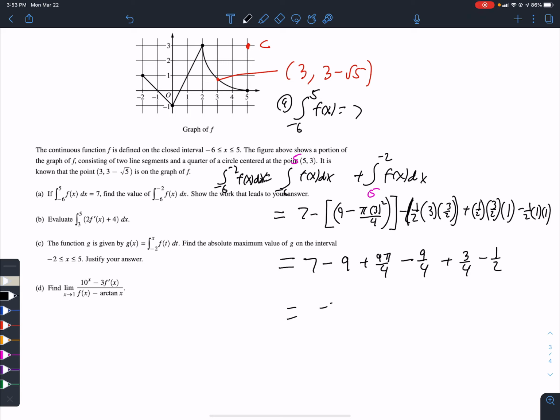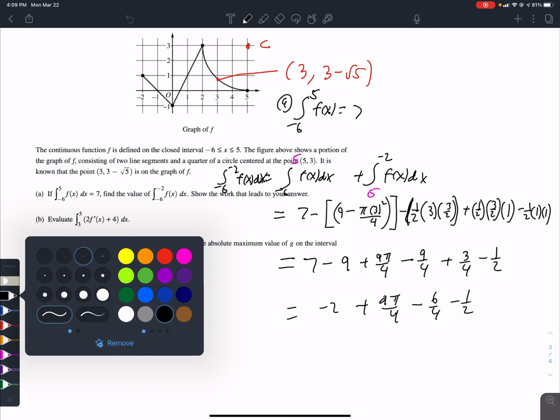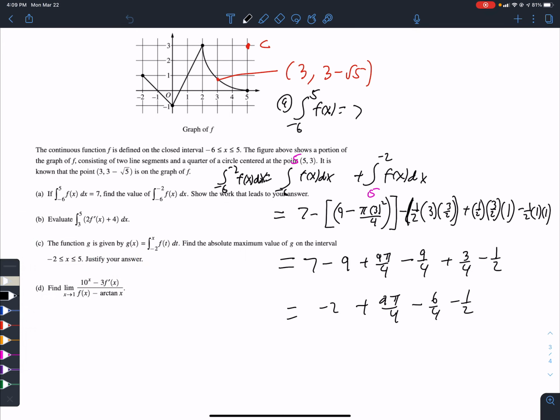So I'm going to get what? Negative 2 here, 9 pi over 4, negative 6/4 minus 1/2. All right, so simplifying this further, we get negative 2 plus 9 pi over 4. This is minus 1.5 minus 1/2.